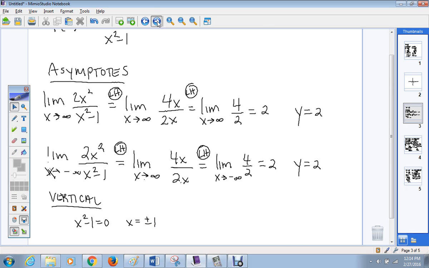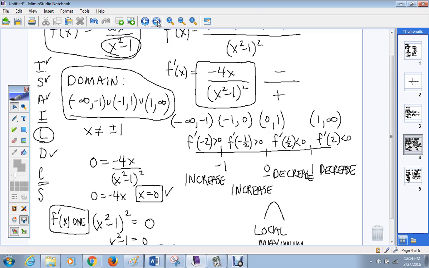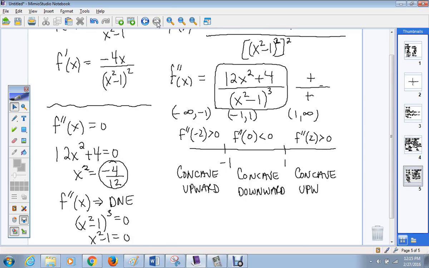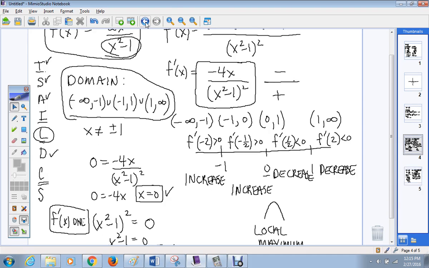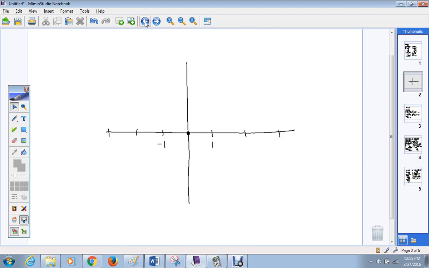So let's plot our vertical asymptotes at negative 1 and positive 1.